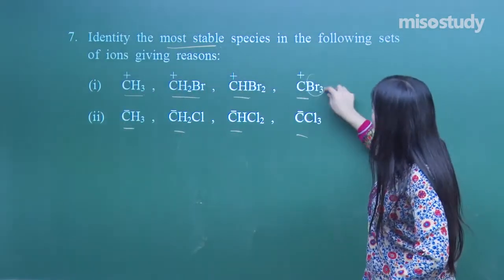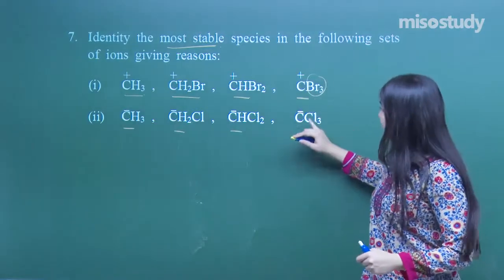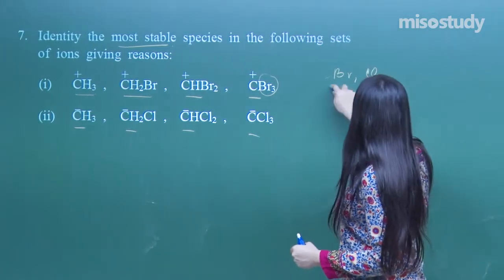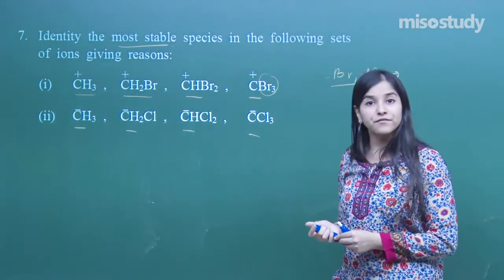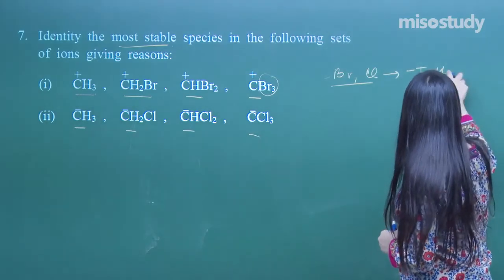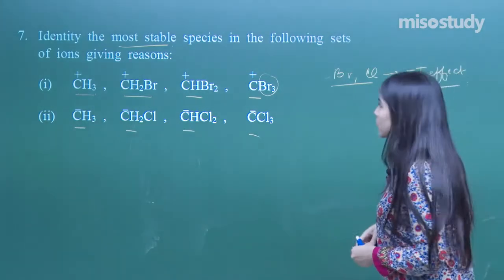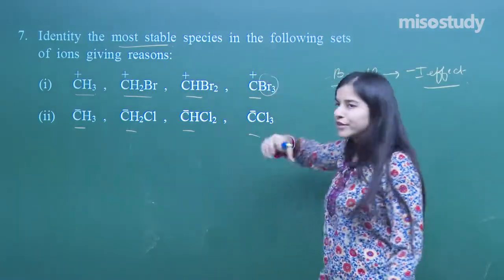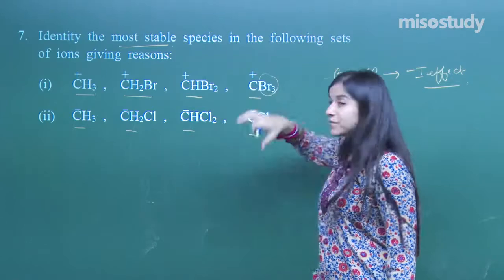So see here, I have got Br and Cl, right? I have got Br and I have got Cl. Both are showing what effect? It's the minus I effect, fine? We know this. So that means they are withdrawing. More the number of withdrawing groups attached, more will be the positivity.